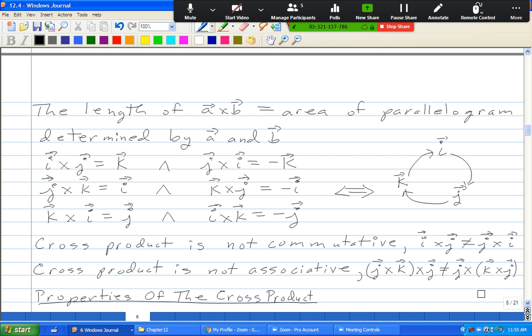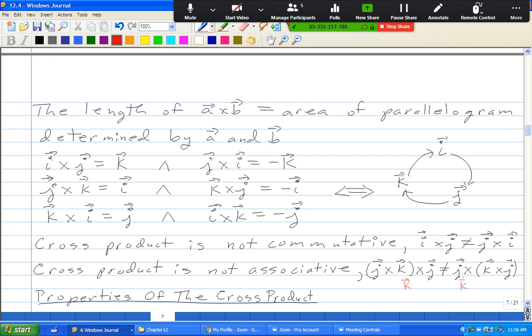and I forget what I said. Okay, actually I should write it down, or I'll forget. So J cross K is I, cross J is K. So on this side I get K, and then K cross J is minus I. And then J cross I. Oh wait, did I do it wrong?